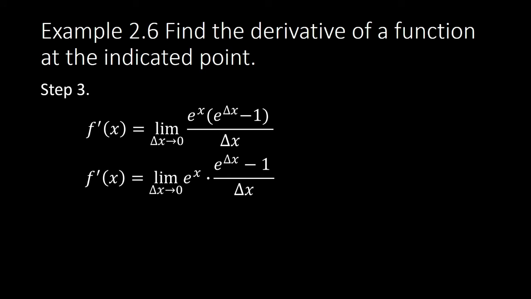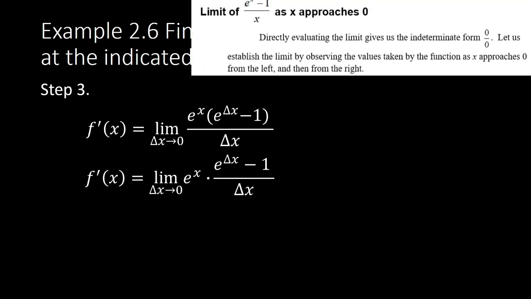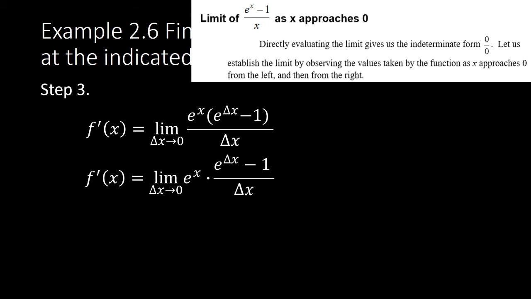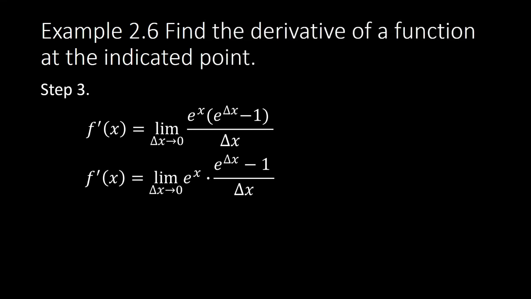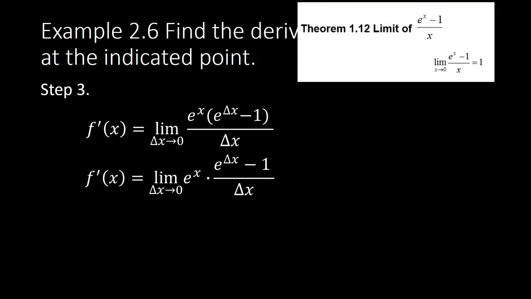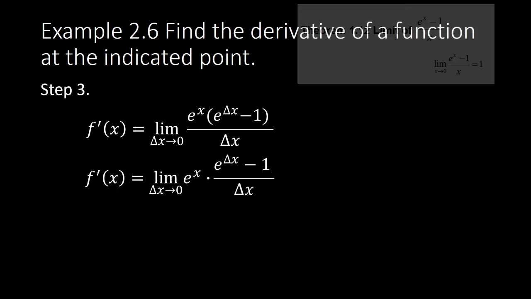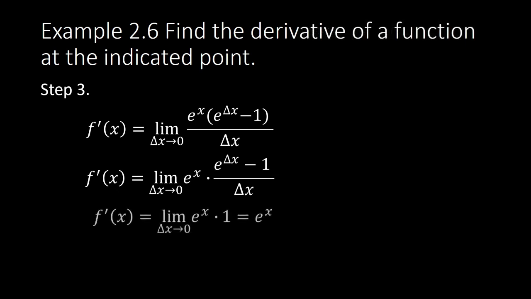We saw it when we were talking about the limit of exponential functions, a limit that gives an indeterminate form, and we were able to resolve it. We found that the limit of e to the x minus 1 divided by x as x approaches 0 is just equal to 1, okay? And so this answers our question.